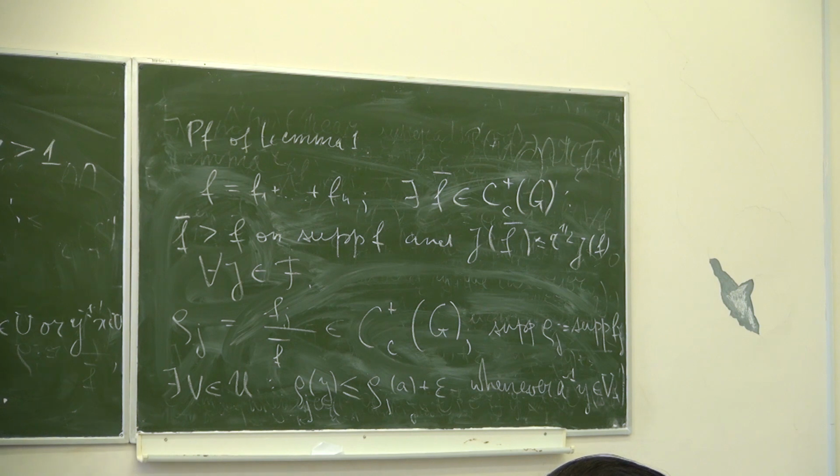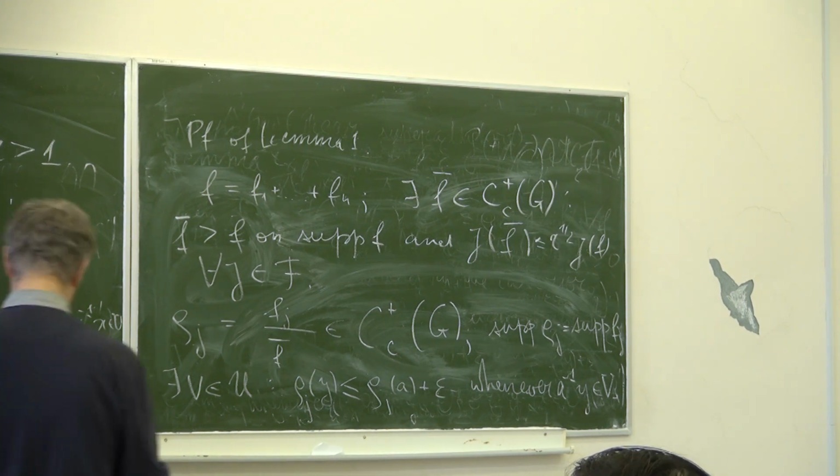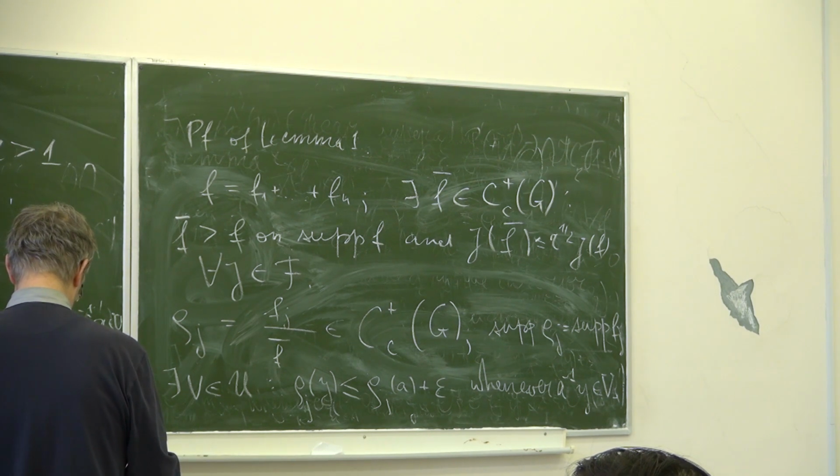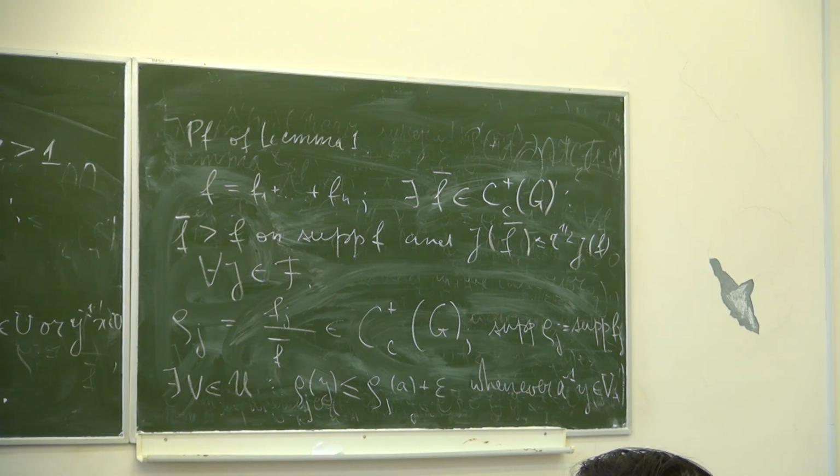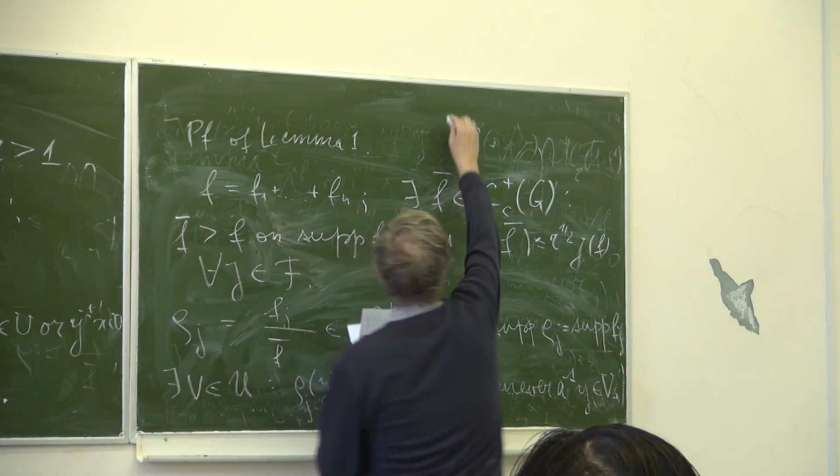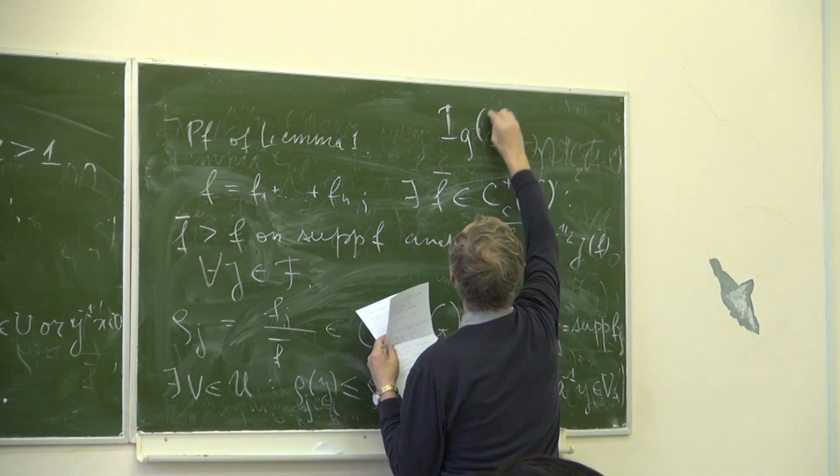So once we used this lemma, and now we want to calculate, what do we want to calculate? We want to calculate the functional Ig of f bar.